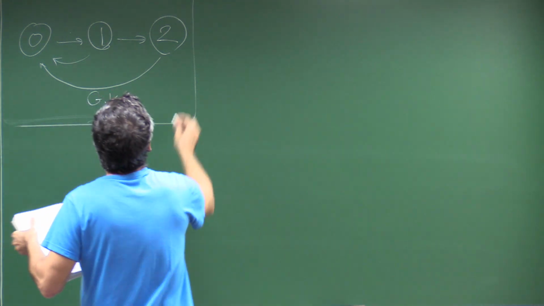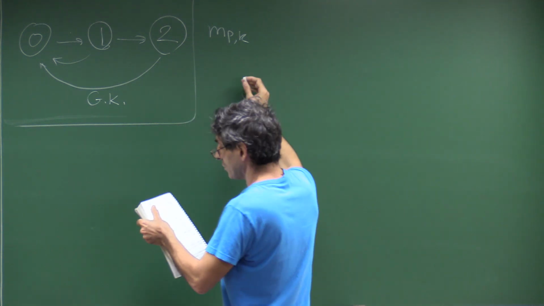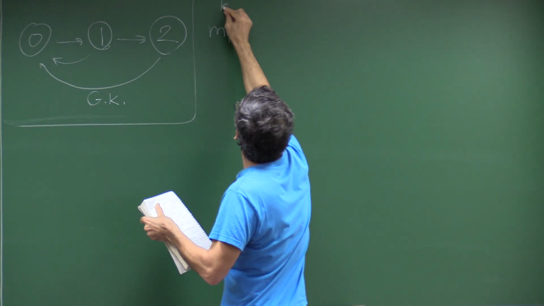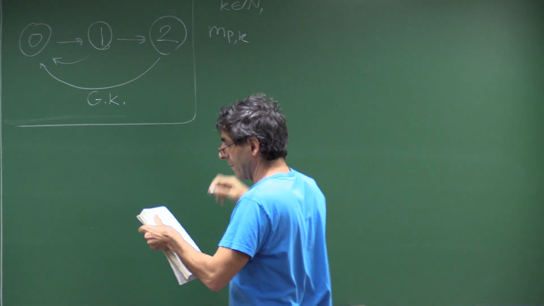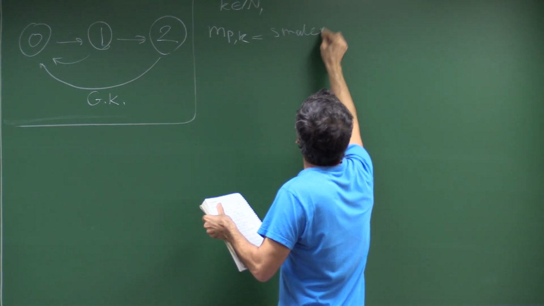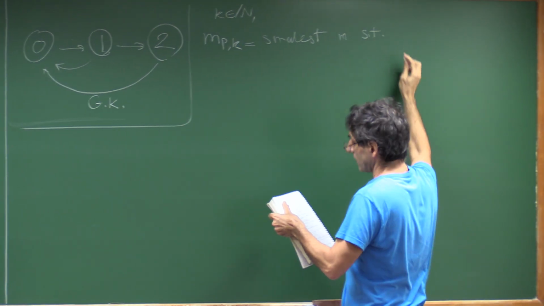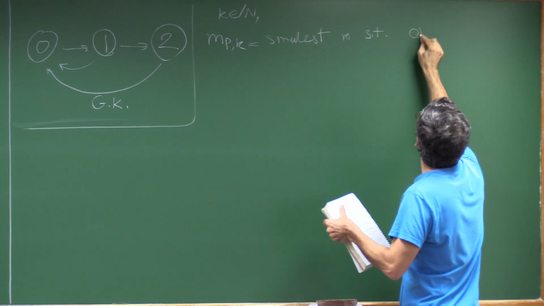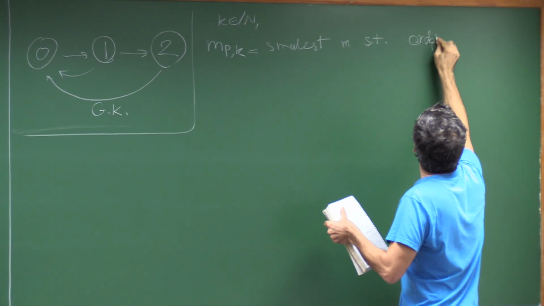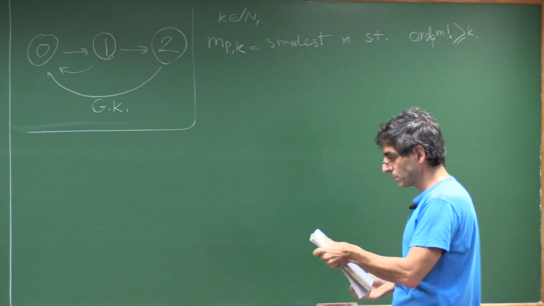For example, if you take M(p,k), so let me say k integers, equal to the smallest m such that the order of p in m factorial is bigger than or equal to k.